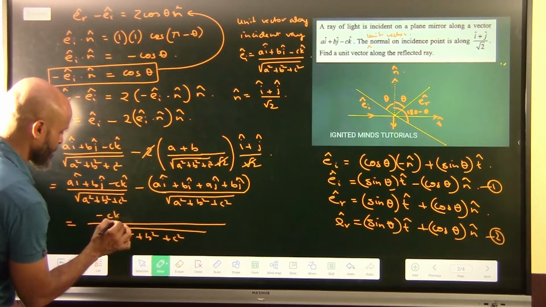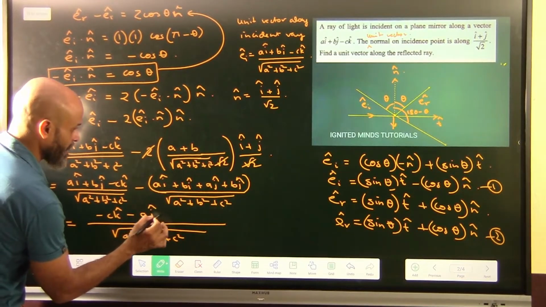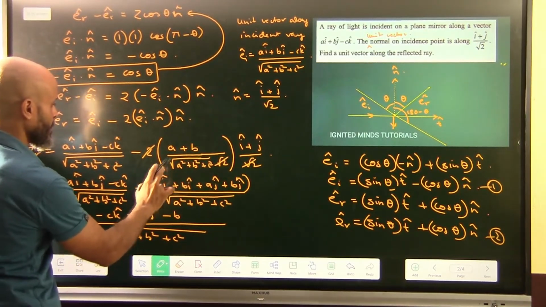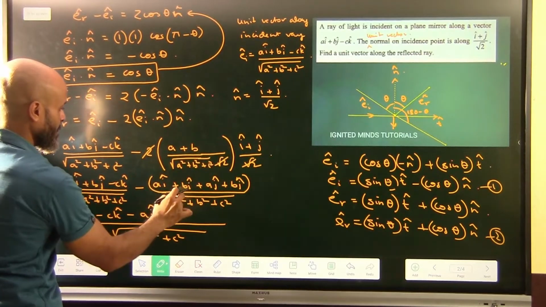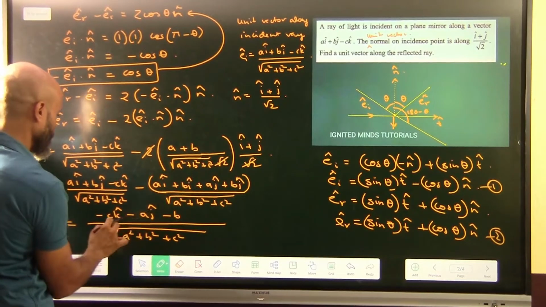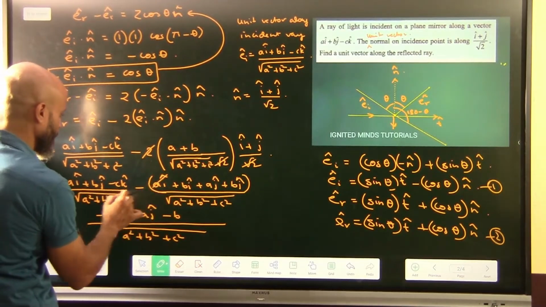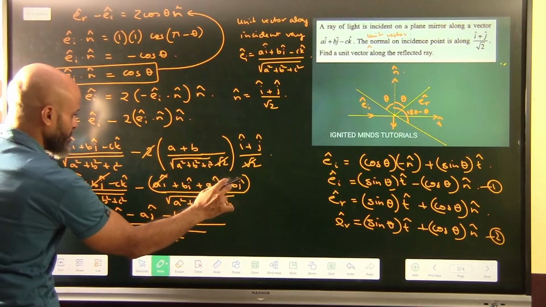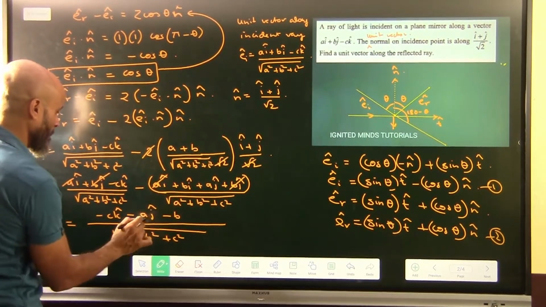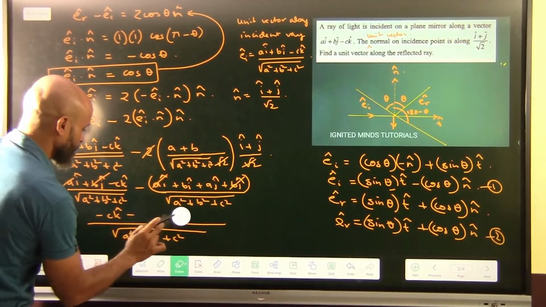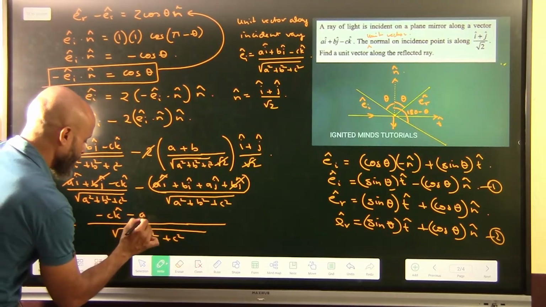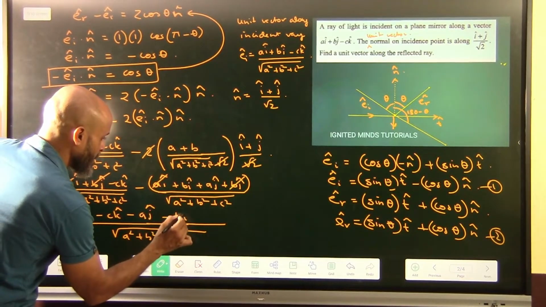This will leave minus ck cap minus aj cap minus bi cap.